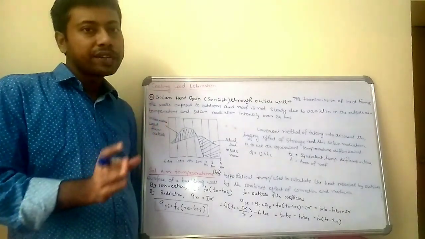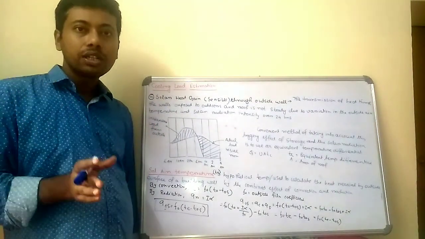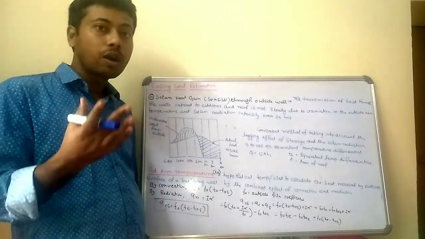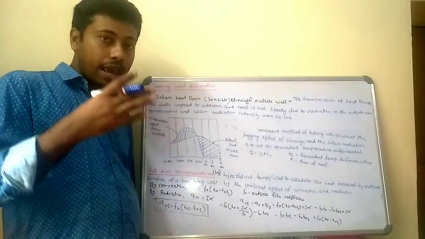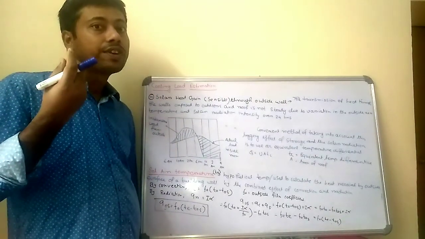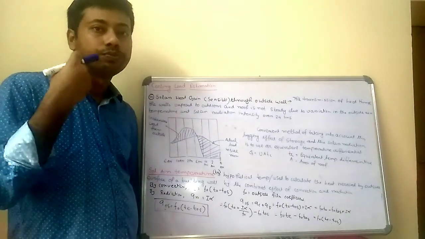That basically depends on the solar intensity power as well as the time at which the maximum heat gain through the wall occurs, and at which time the temperature is very high in a particular room.